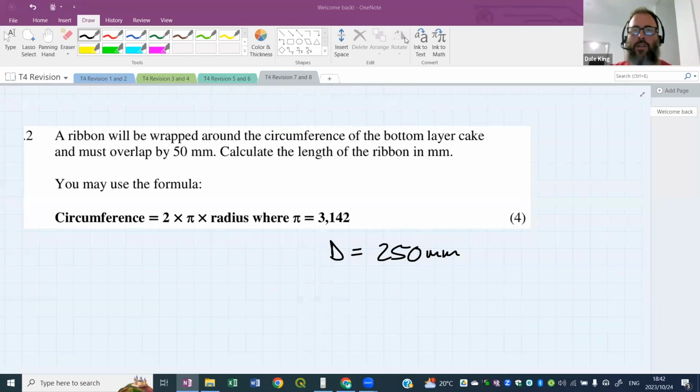Please don't worry about what other people are putting in chat. Make sure that you do your own work, because you need to see how you do with your method and your calculations. So don't worry about getting an answer out. Just make sure that your method and calculations are correct.